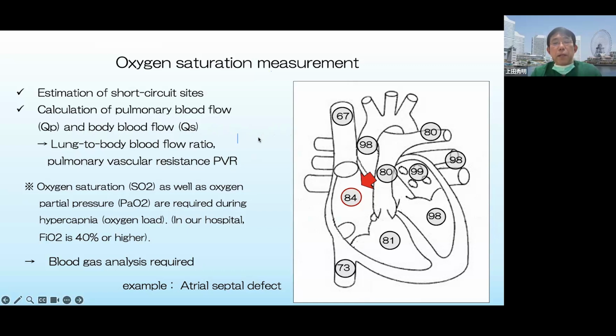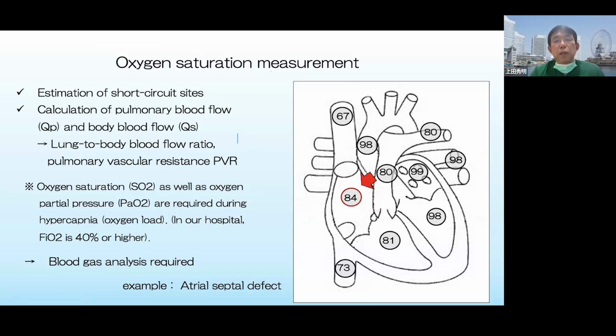For planning the Fontan operation, maybe the Glenn shunt, the patient's resistance should be below 2 to 2.5 Wood units. If the patient has more than 2 to 2.5 Wood units, we could not proceed with the Glenn shunt. We could not go for the Fontan operation. We have to think about it.